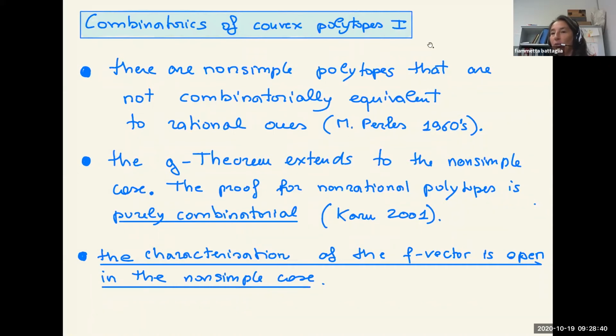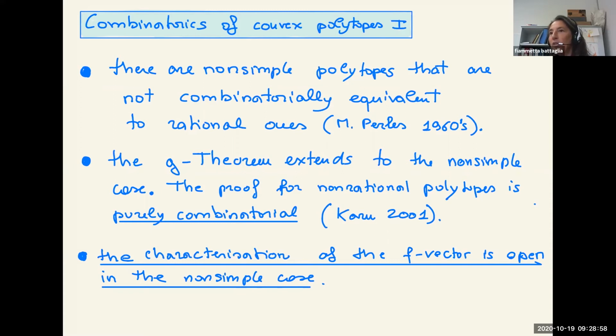Let me also remind you that the characterization of the F vector is an open problem in the non-simple case, because we cannot recover the F vector from the H vector in the non-simple case. So the non-simple case is really more involved.